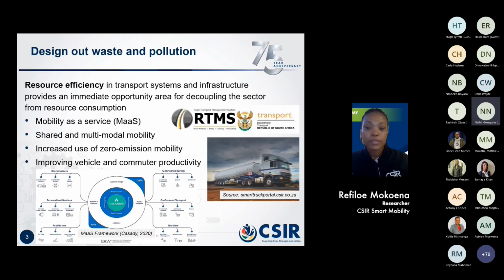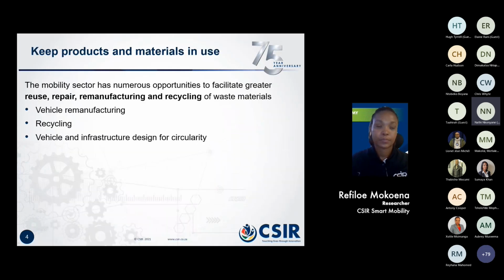Fuel and emission savings of up to 20% can be seen, and road wear reduction of around 12%. These initiatives can be expanded within the country to form the foundation for a self-regulation framework for fleet management in South Africa to support the circular economy within mobility.